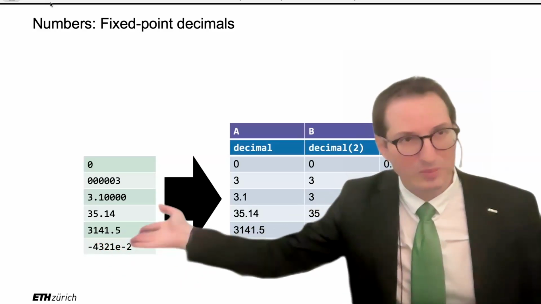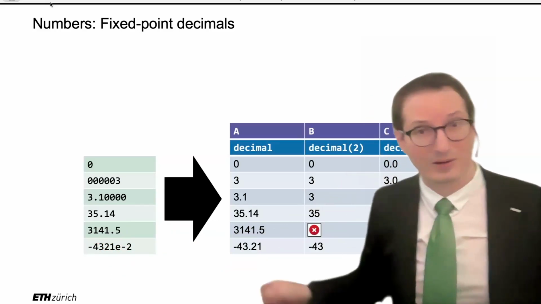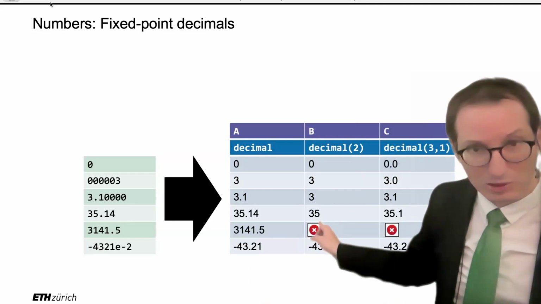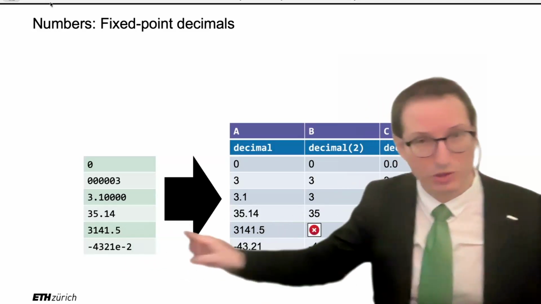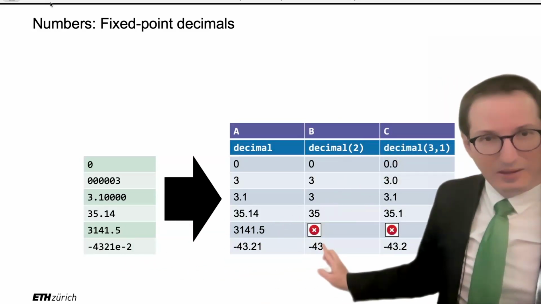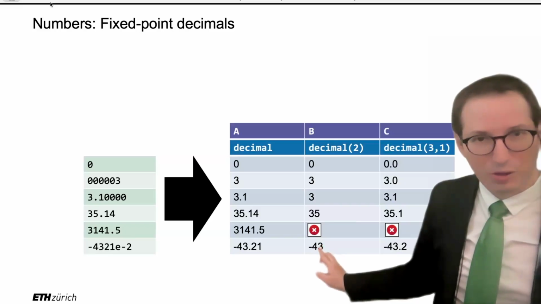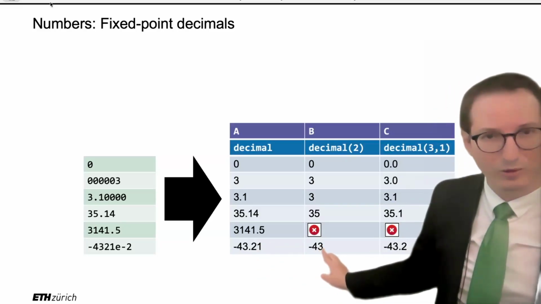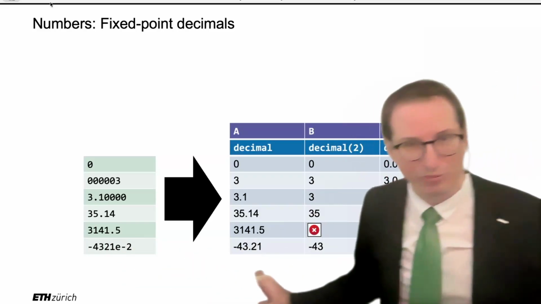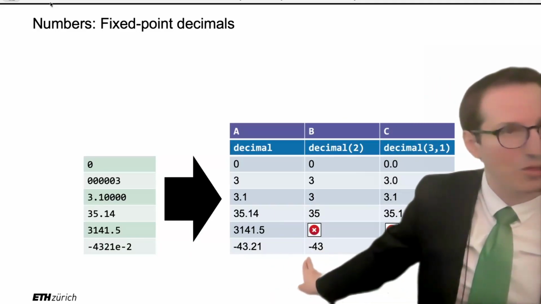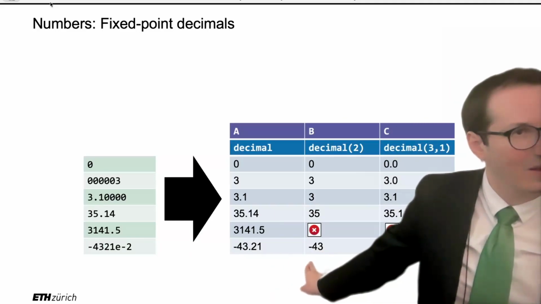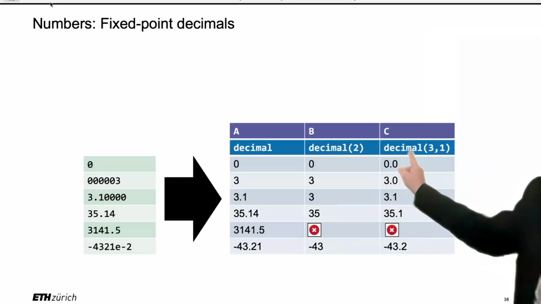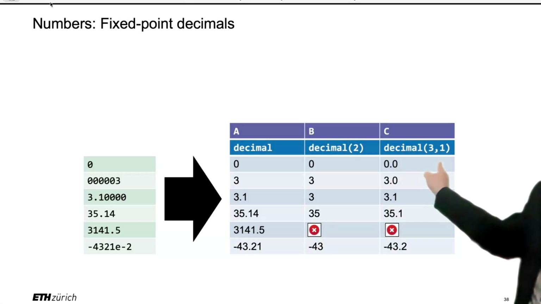We can't remove digits because they're on the left of the decimal period, right? So here it's an error, right? That's not an integer that would fit in just 2 digits. And here we just store minus 43 because again, that's minus 43.21, right? So we just lose a bit of precision, but it's minus 43. Who agrees? All right.